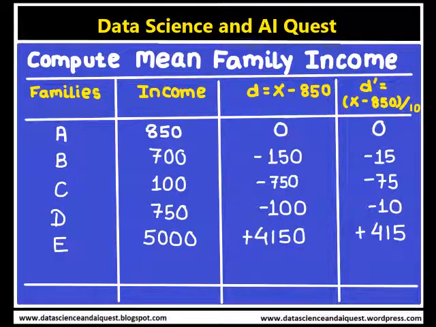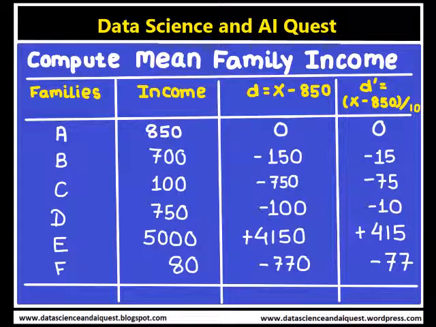Then family E is considered, its income is 5000. The deviation is plus 4150, and the per capita deviation is plus 415 for E. Then family F: the income is 80, so the deviation comes to minus 770, and the per capita deviation is minus 77.